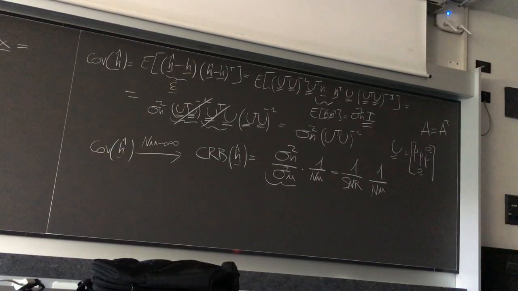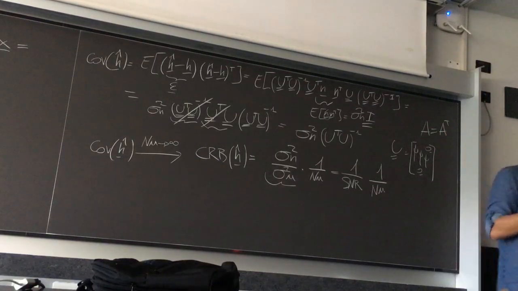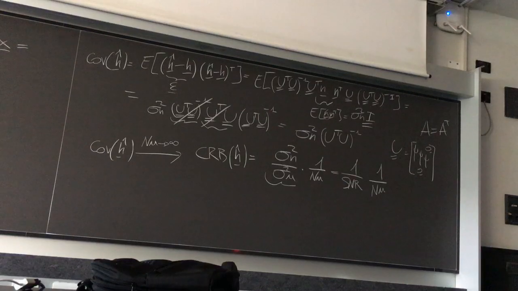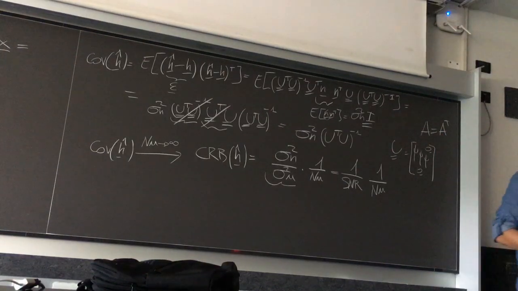Does this make sense to you? We said that a good estimator is one where in the end your covariance, your variance, is very, very low. So this is telling us that if you have a very high signal to noise ratio, if the power of your noise is almost 0, you will get a great estimator. If you have an infinite number of training symbols, you will get a great estimator as well.